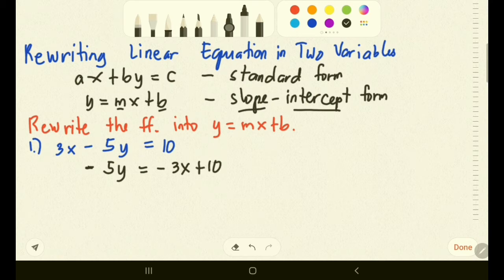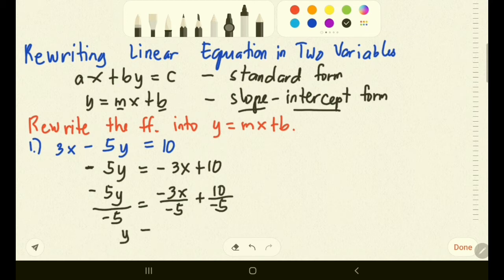The requirement is to find y, so you divide each term by negative 5. Negative 3x divided by negative 5, plus 10 divided by negative 5. So y equals negative 3 divided by negative 5.